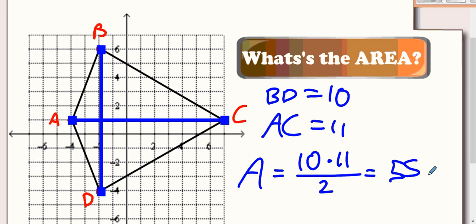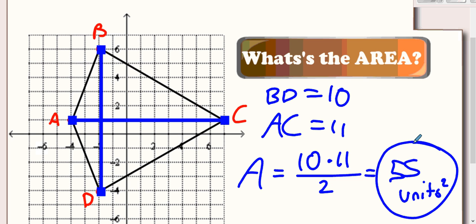Put some units on there. It didn't give us what the units are, so that's just the word units squared. Area is always squared. 55.